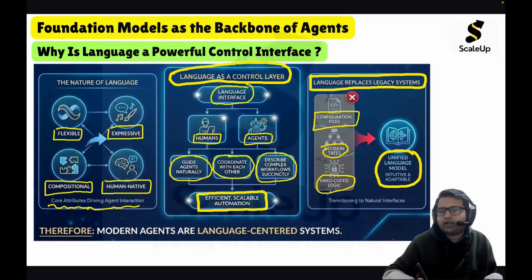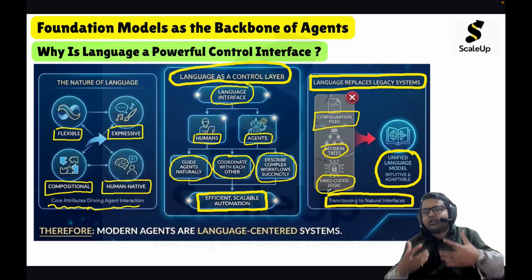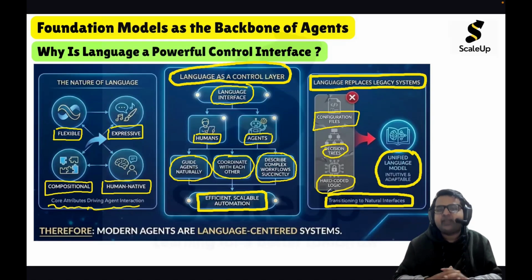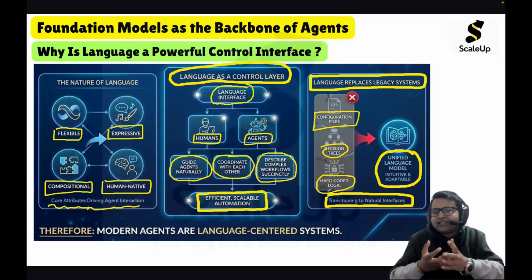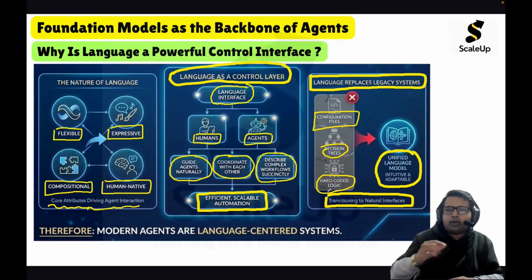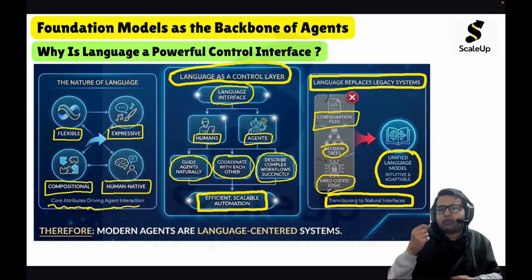So that's a very powerful thing. We are transitioning to natural interfaces. It's a very big thing. Now designing computing systems has become very easy in that sense. We can be more expressive. We just have to give our intent, and the large language model will take care of the specifics: the protocols, the configurations, the system language, the programming language, the code.